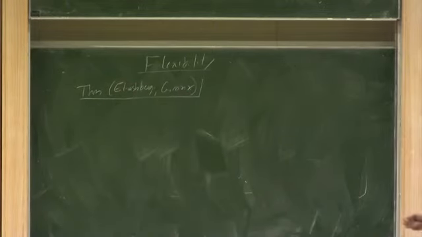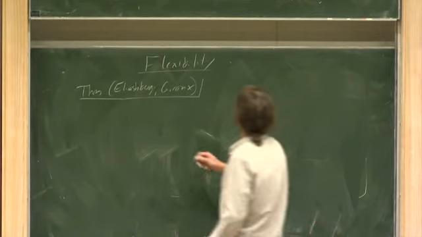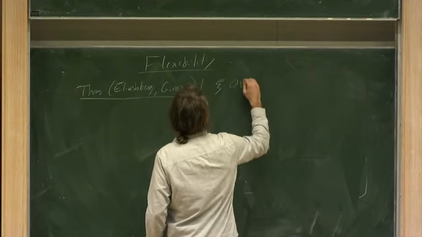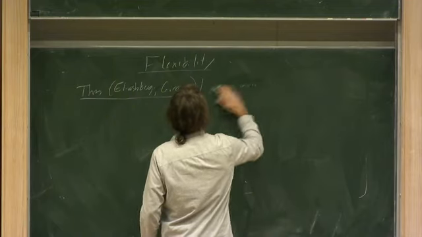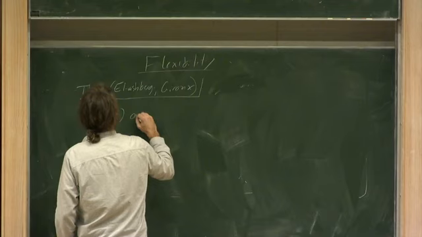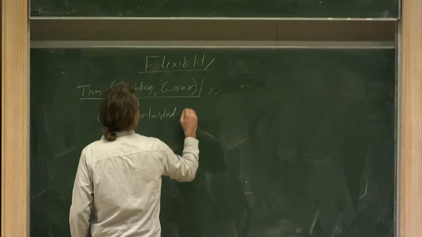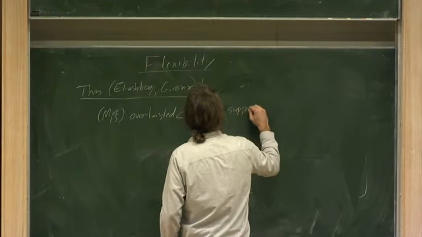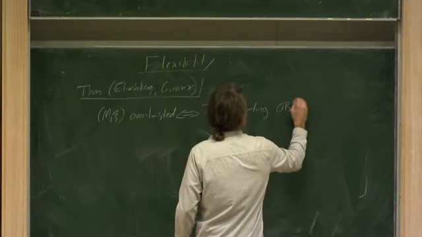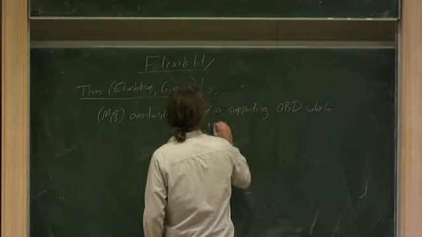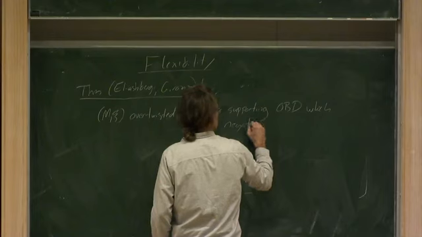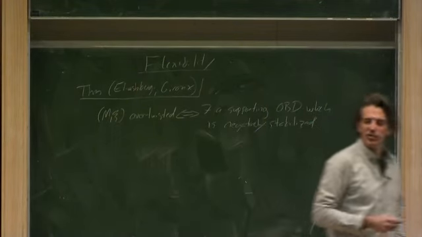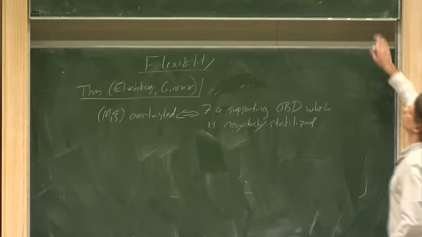It follows directly out of the two theorems of theirs that I've written up to this point, which is that the following two things are equivalent: that (M, C) is overtwisted if and only if there exists a supporting open book decomposition which is negatively stabilized, i.e. it has one of these negative handle summands that I drew up here yesterday.